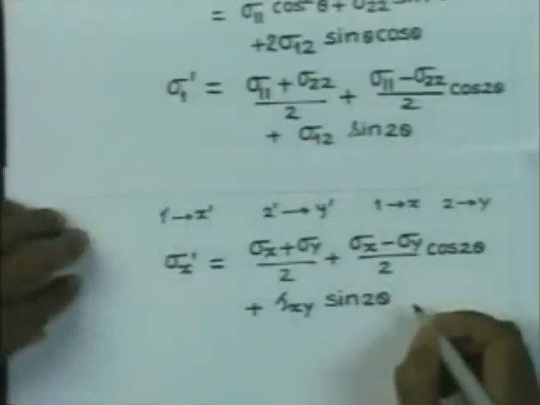So, this is the transformation that you have considered in relation to Mohr circle in 2 dimensions.